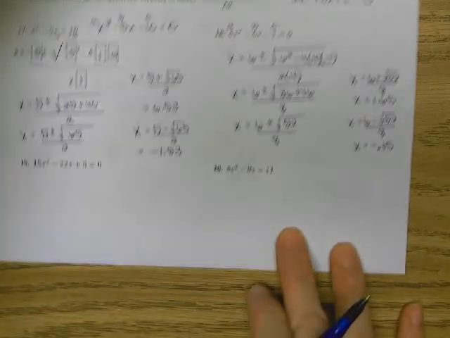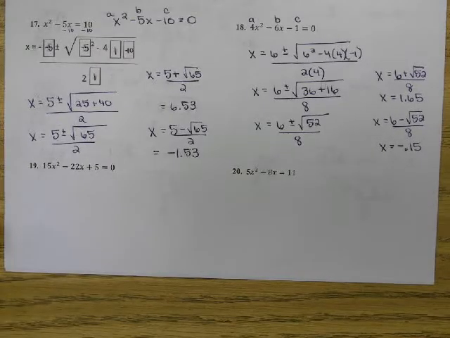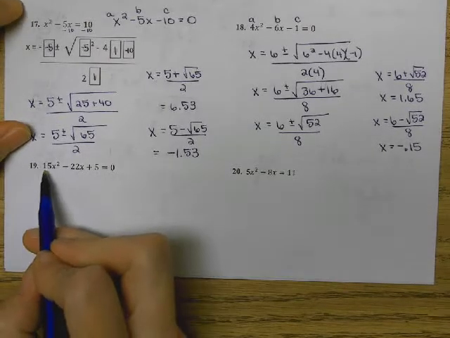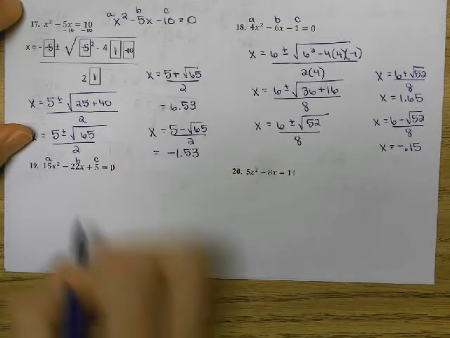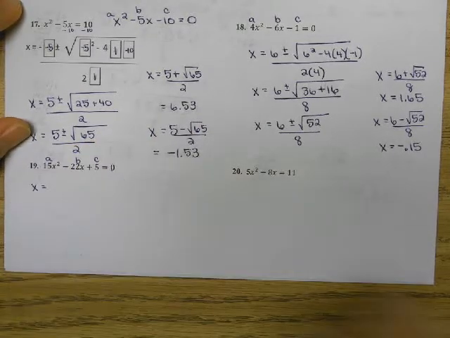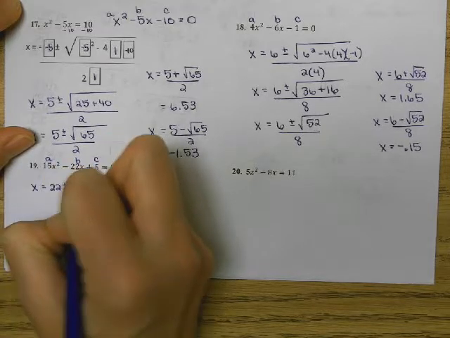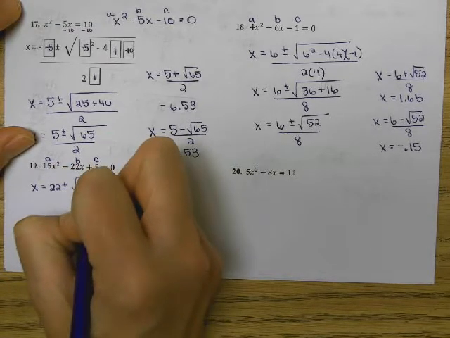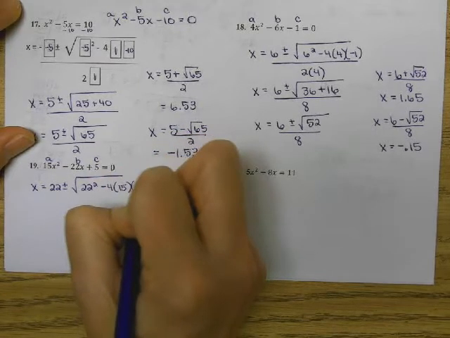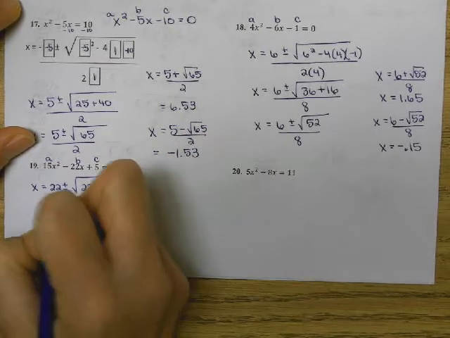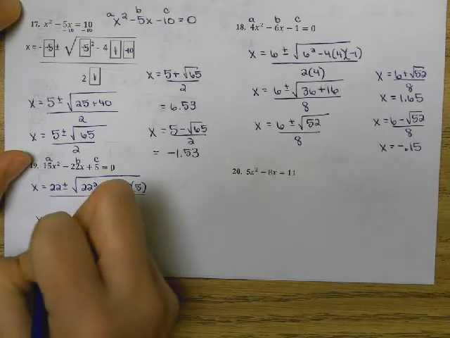All right. On 19, not sure if I'm going to have enough room, but it is already equal to 0, so I have a, b, and c. So x equals a negative b, but b is already a negative 22, so positive 22 plus or minus the square root of 22 squared minus 4 times a, c, all of that divided by 2 times a.